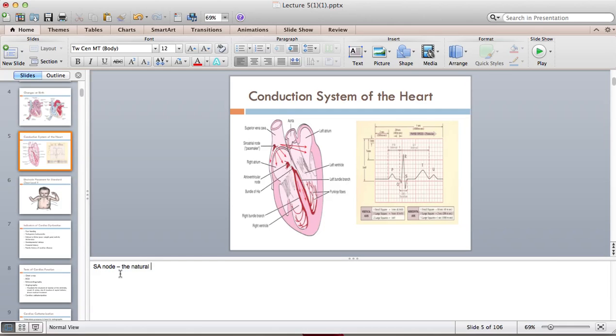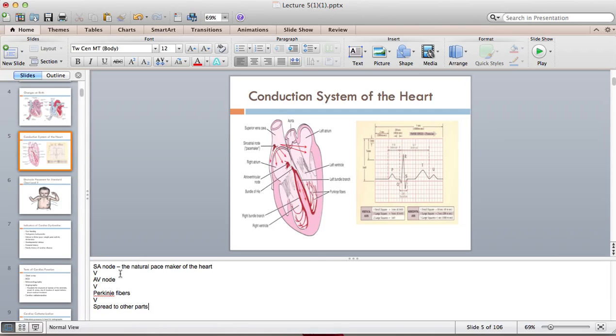That's where all the stimulations will start. And then it goes to the AV node, which is the next junction. And then from there, it will go down through the Purkinje fibers, and it will get spread to all the other parts of the heart.